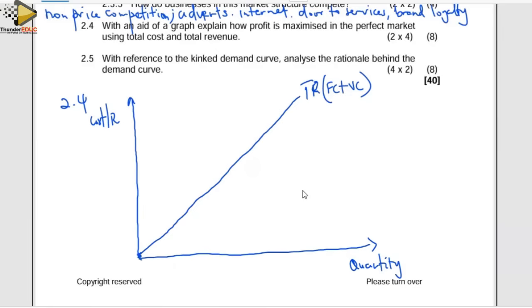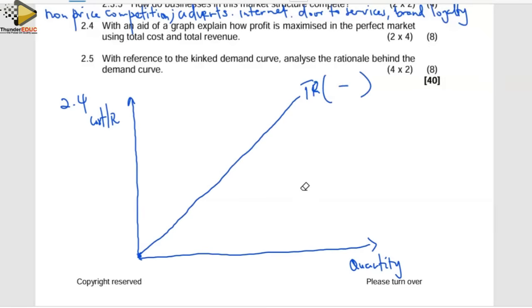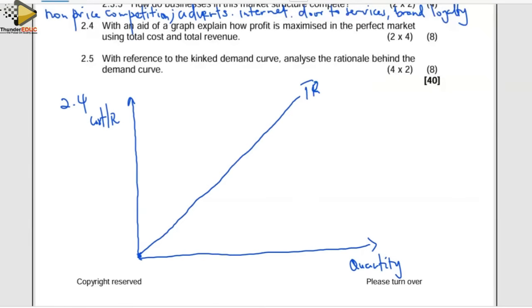In this instance, this is our total revenue, as suggested by the upward sloping line, and we have our total costs there.